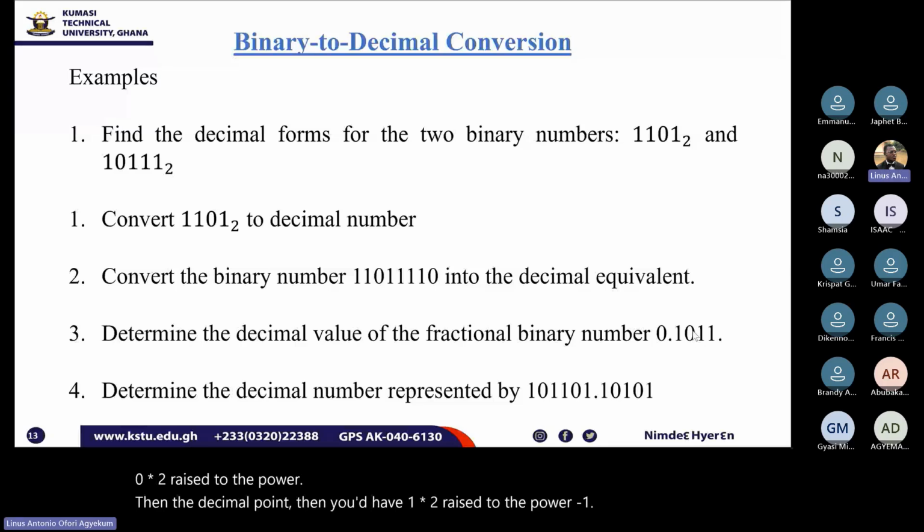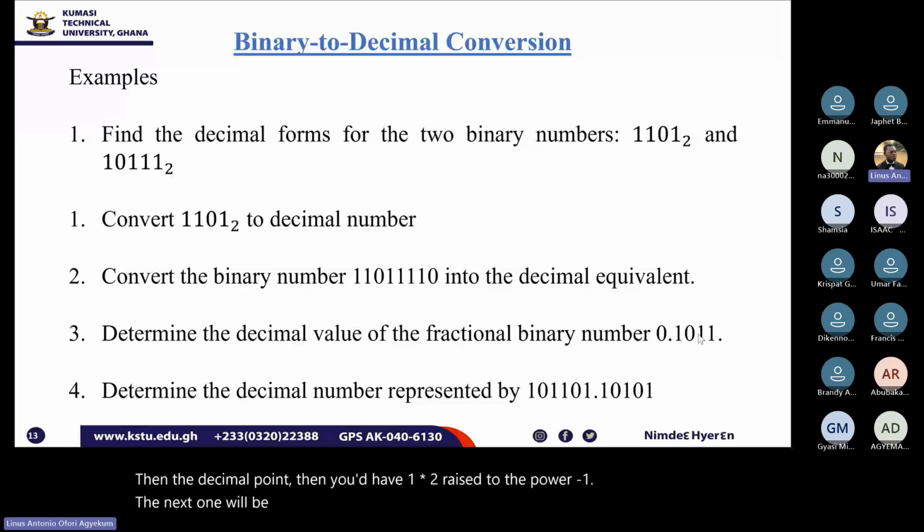The next one will be 2 raised to the power -2. The next one will be 2 raised to the power -3. And the last one, which is the least significant bit, would be 2 raised to the power -4. And when you evaluate that, that will give you the decimal form of this binary.